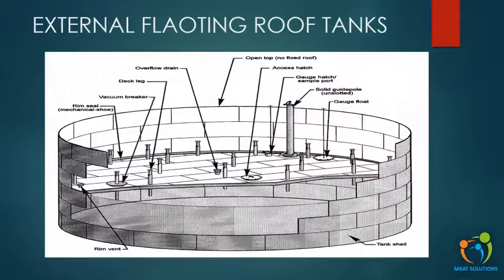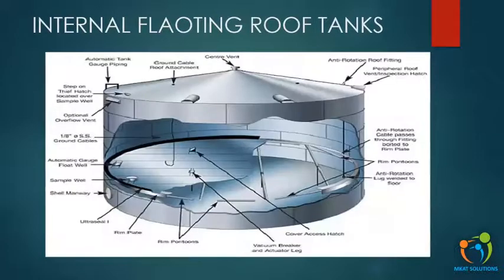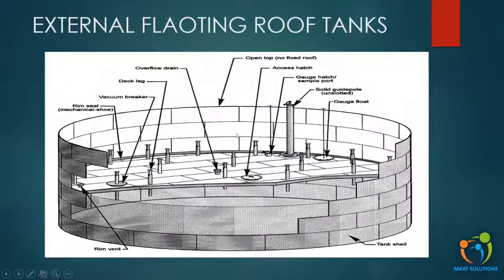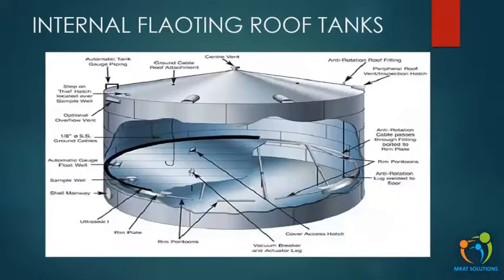So if you don't want to do that, we can go for floating roof tanks. This one is called an external floating roof, because the floating roof is accessible from the outside. There is also an internal floating roof, which will have both the cone and the floating roof. Apart from the floating roof, a cone will also be there.